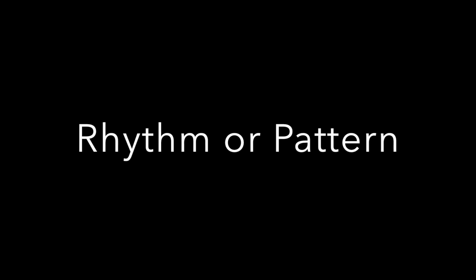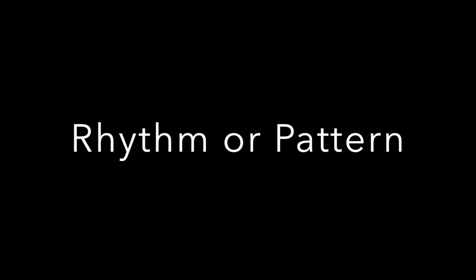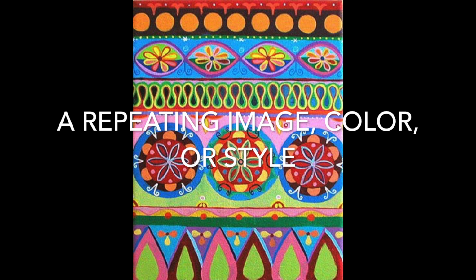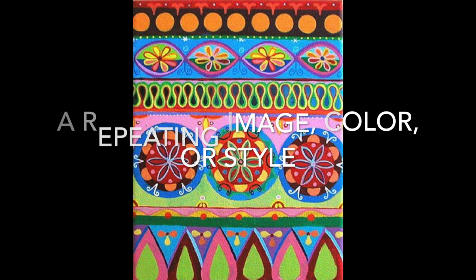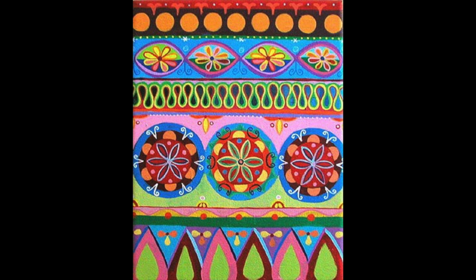The next example is rhythm, or I like to refer to it as pattern. Okay, pattern or rhythm. What that means is your project has repeating images or a repeating style that goes throughout it. Now, I'm showing you this example because this is a great example of both pattern and rhythm.